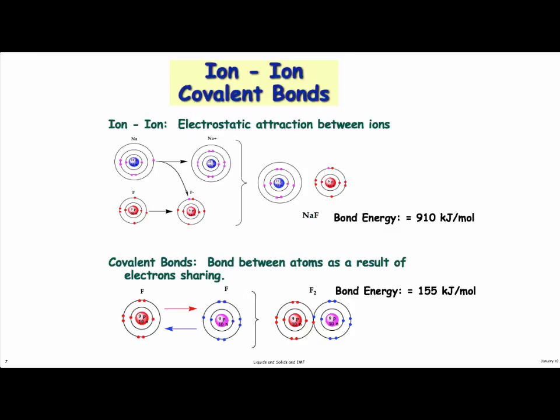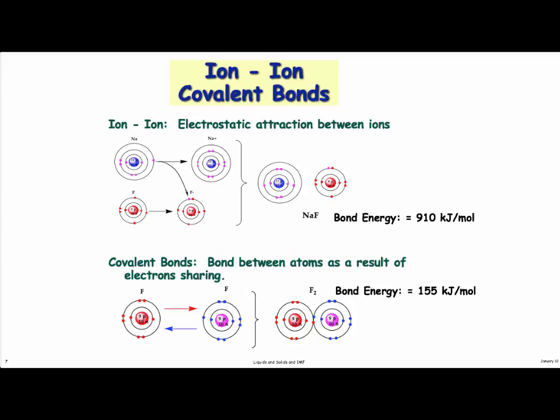An example would be sodium fluoride or sodium chloride. Sodium has 1 valence electron in its outermost shell. Fluorine has 7. By donating that 1 electron to fluorine, both atoms now have an octet and they're totally happy.